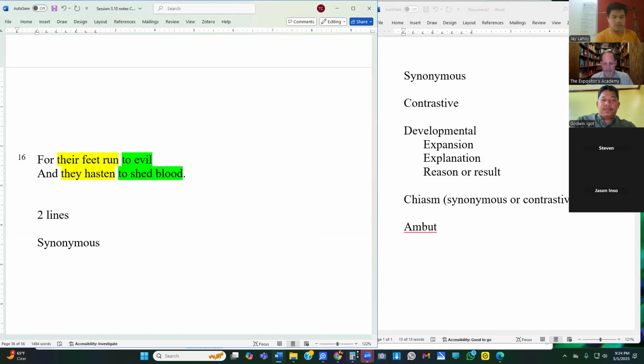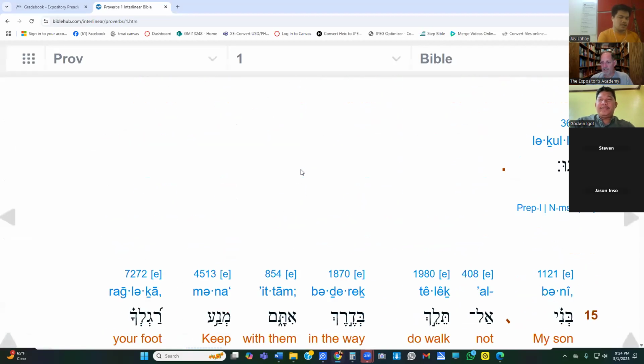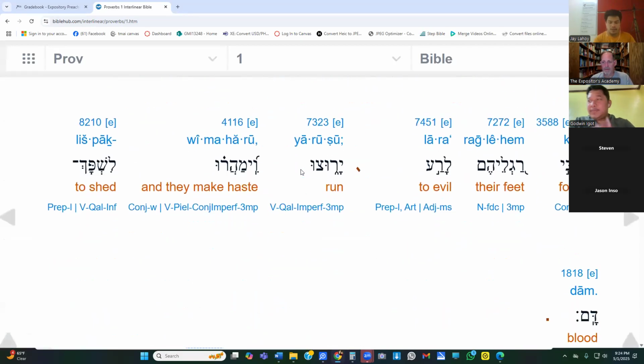Now, here's something interesting. If we go back to our interlinear, verse 16, notice this. Conjunction. Okay, for their feet to evil run, they make haste to shed blood. Now, that's the word order in the Hebrew.